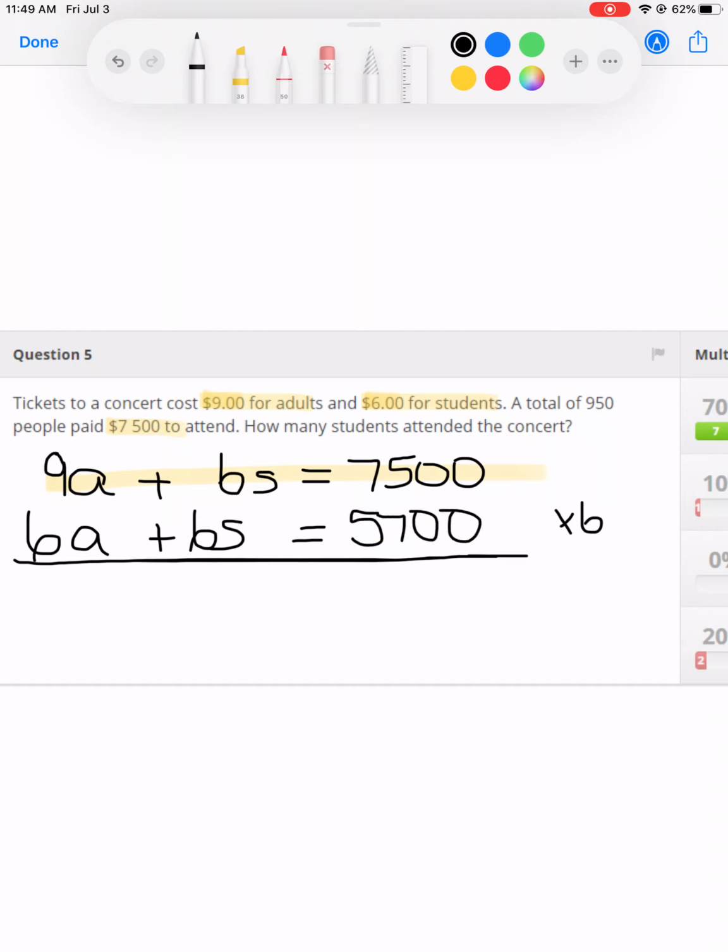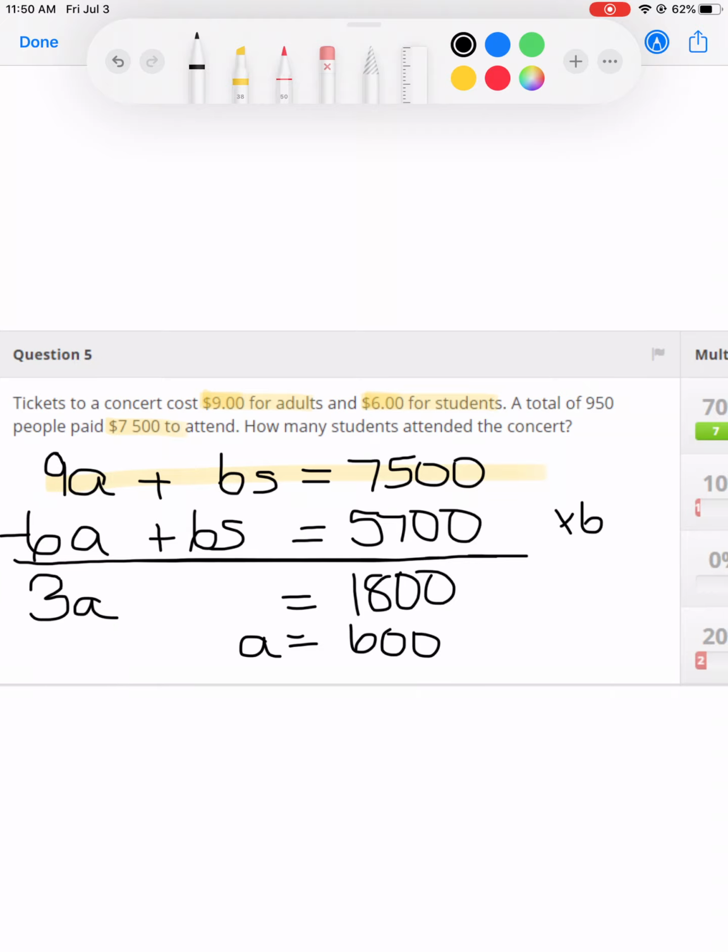And I have to subtract them. So 9 minus 6 is 3a. 6 minus 6 is 0s, so I'm not even going to write that. 7,500 minus 5,700 is 1,800. So 1,800 divided by 3 is 600.